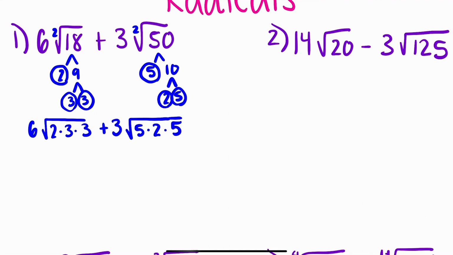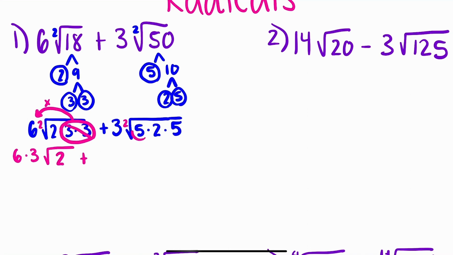So let's continue simplifying them. Since these are both square roots, that means we need 2 of the same number to take 1 out. So I see I have 2 3s, so I can take that out and multiply them. I'll just write this step so you can visualize it. Those go away and I'm left with 2.